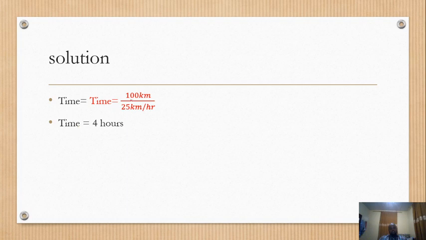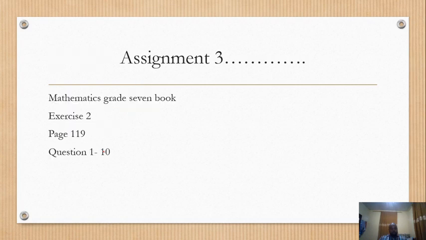So time is equal to distance, 100 kilometer, divided by speed, 25 kilometer per hour. 100 divided by 25 is 4, right? Kilometer goes with kilometer. Here we have hour. So it's 4 hours.